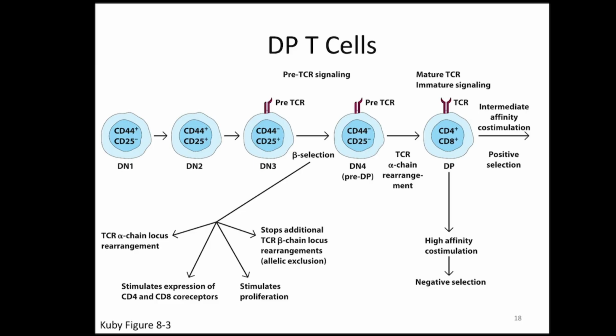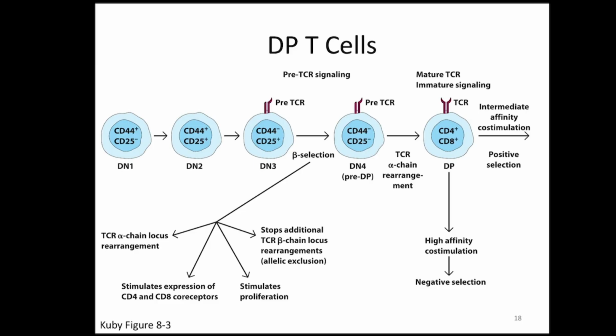So we're going to do our alpha rearrangement, and we can imagine that we have this double positive cell that now has an alpha beta T cell receptor. So it's got a T cell receptor, and it's got CD4, and it's got CD8. And so you can see this double positive here. And this double positive is basically our immature T cell.